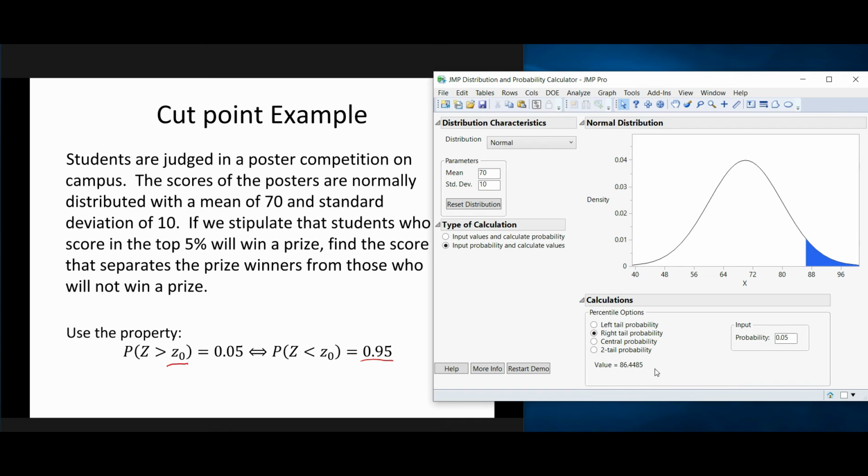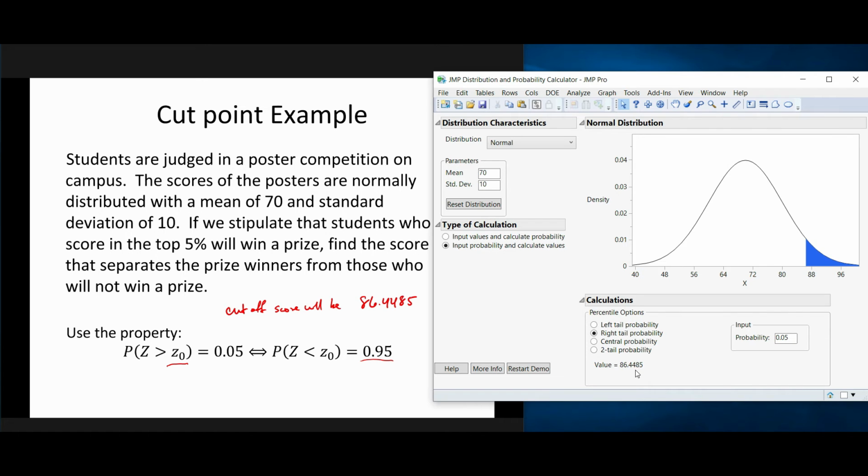And so that score is going to be 86.4485.